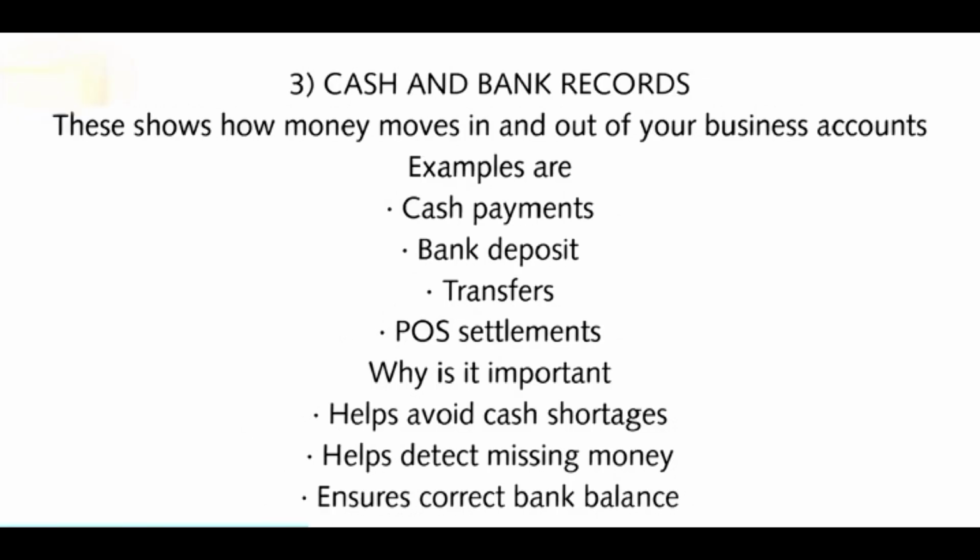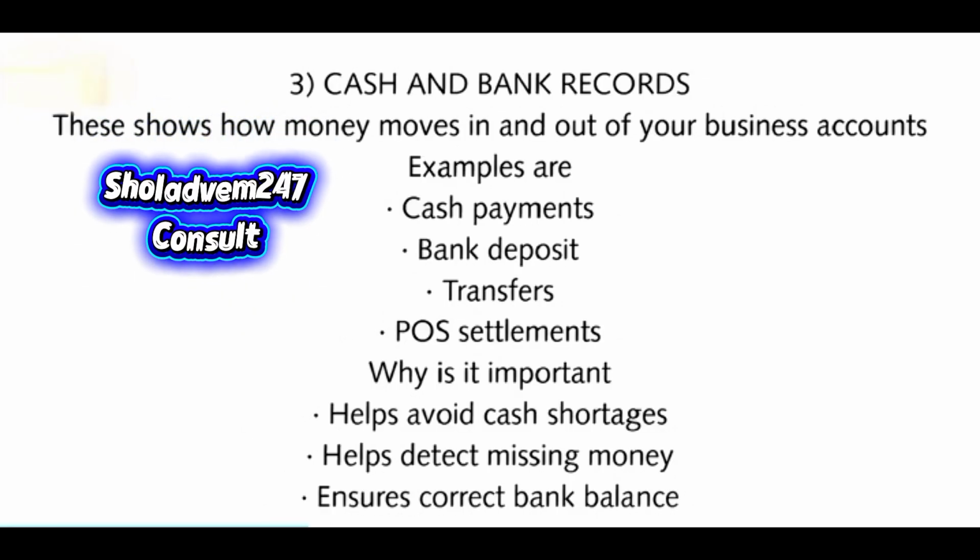Number 3, cash and bank records. These are the kind of records that show how money moves in and out of your business account. Examples are cash payments, bank deposits, bank transfers, POS settlements, and so on.